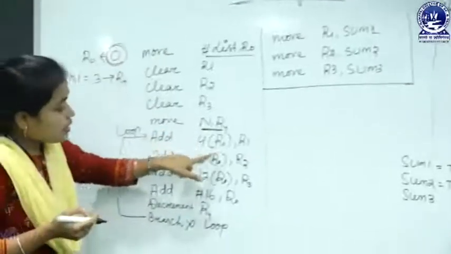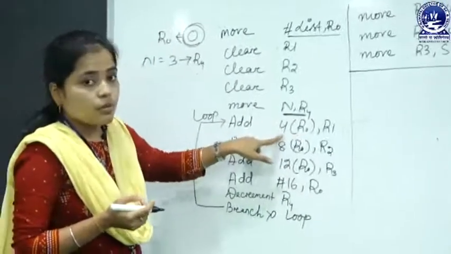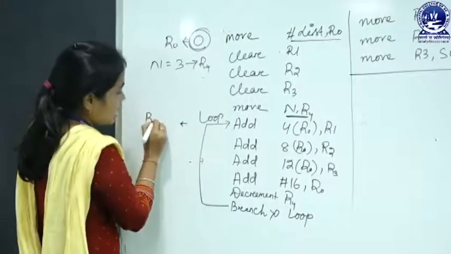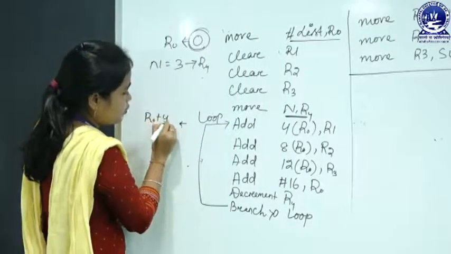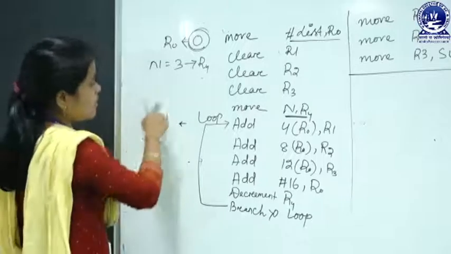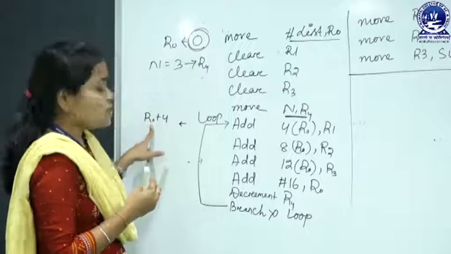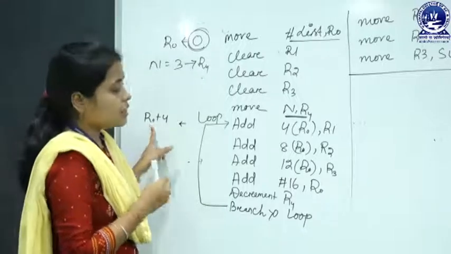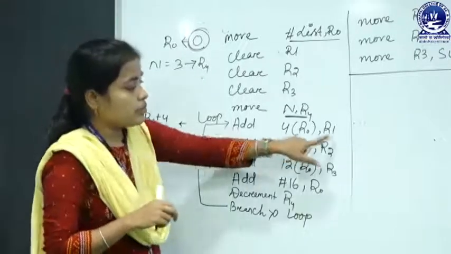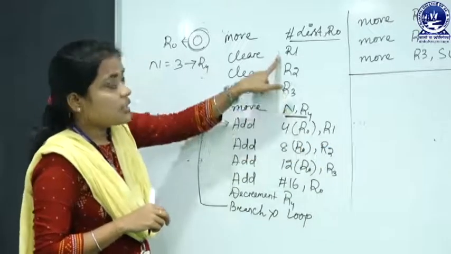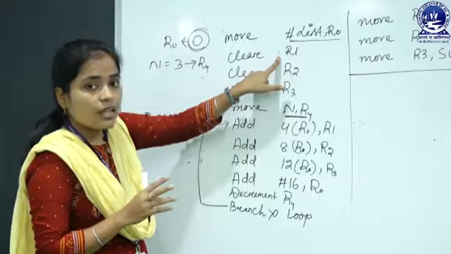So here I am using R0 plus 4. R0 content is 0, and then plus 4, so the content of that address or memory location will be added into R1. R1 is clear, that means there is nothing in R1.